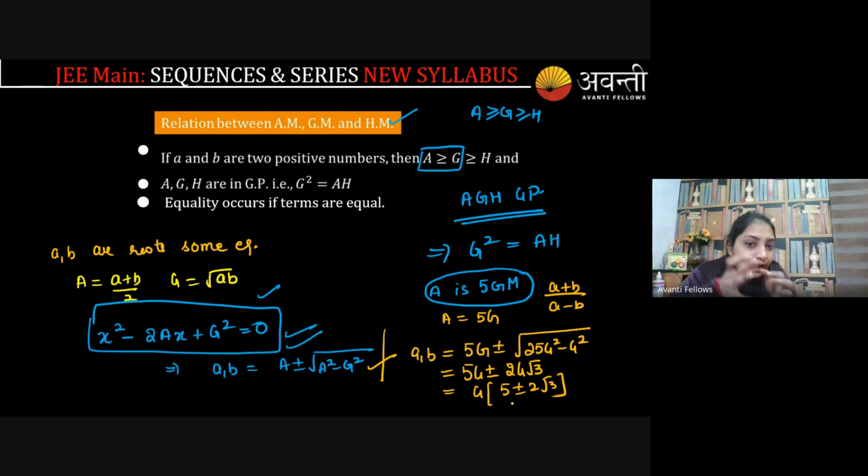Aditya, will this be more useful? Is it audible? Yes, ma'am. So any review? Will this method work for you more, if they have already given you a relationship between AM and GM, that it's how many times?